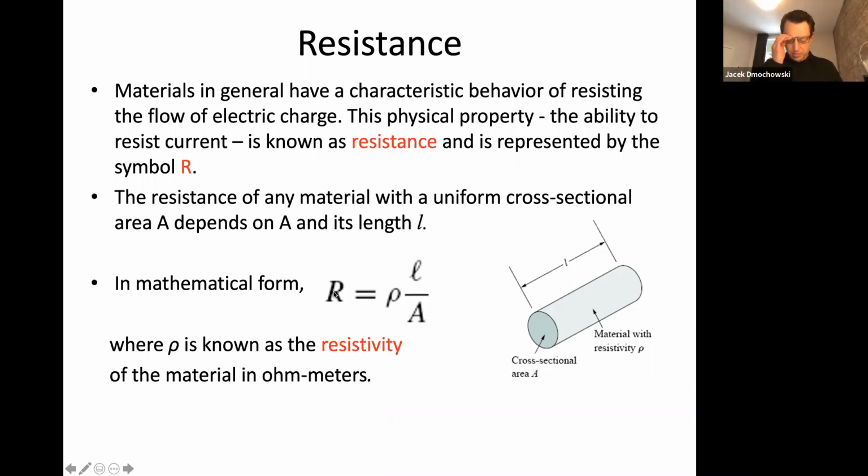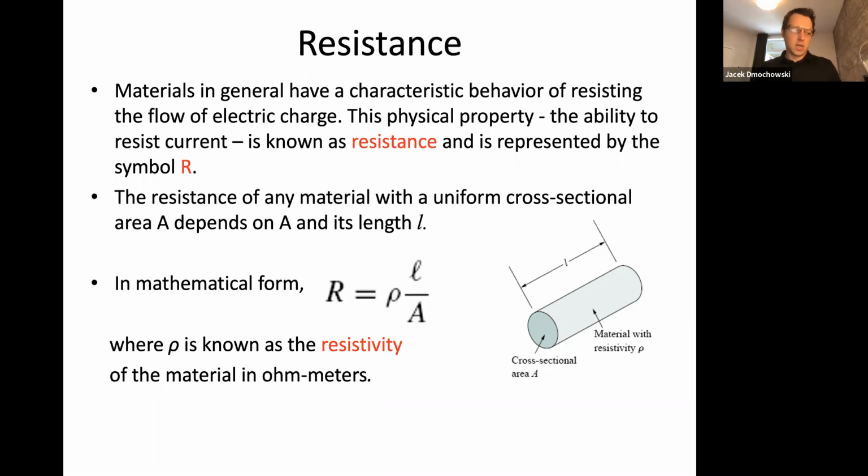Right? So I think that should make intuitive sense to you, namely, if you make the area of the wire larger, you're giving the electrons more places by which they can traverse that wire. Whereas on the other hand, if you increase the length of that wire, then you're making them do more work.